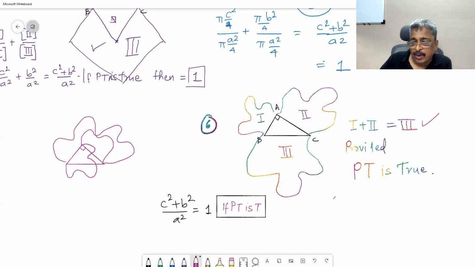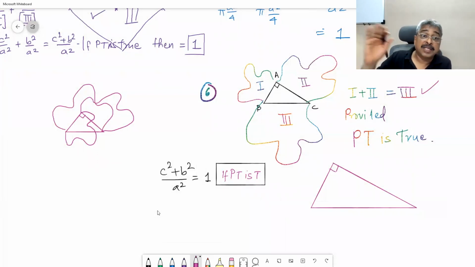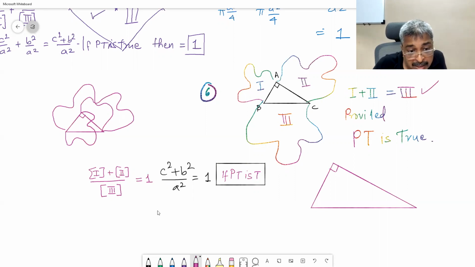He says if you have a right angle triangle and if you can manage with three similar figures on the sides, and if you can ensure by measuring their areas, that means you measure the area of 1 plus the area of 2 and check whether it is equal to the area of 3, by some other method, if you could show that this ratio is 1, not by using Pythagoras, then will you agree that Pythagoras?